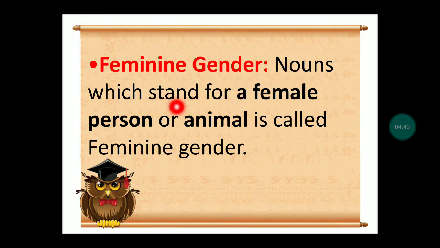So dear students, the nouns which come under the category of female, that can be of animals or person, that is called feminine gender. When we talk about only female, that is a lady, person or animal, that comes under feminine gender.